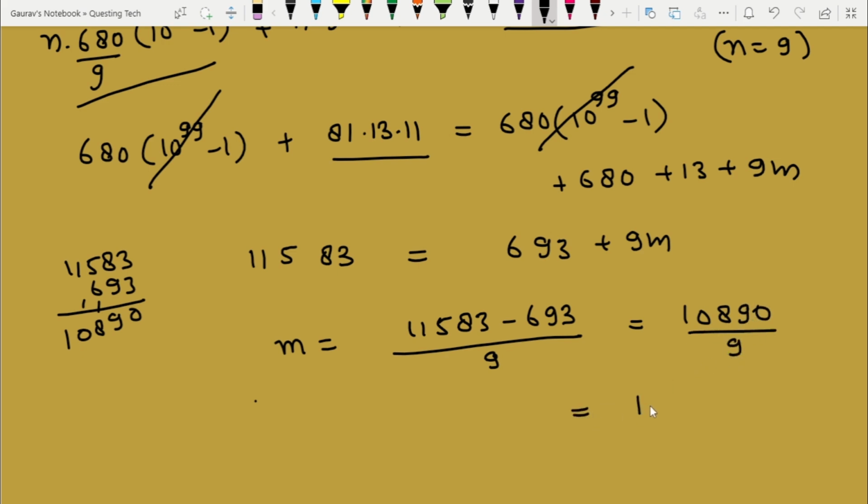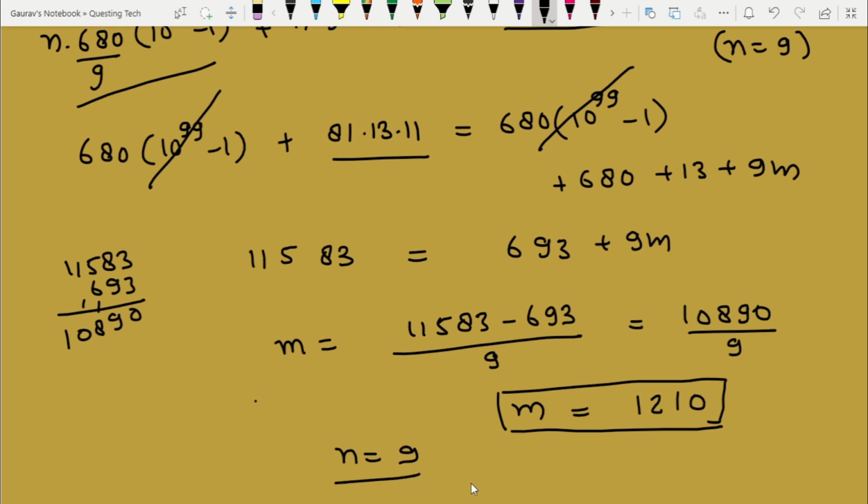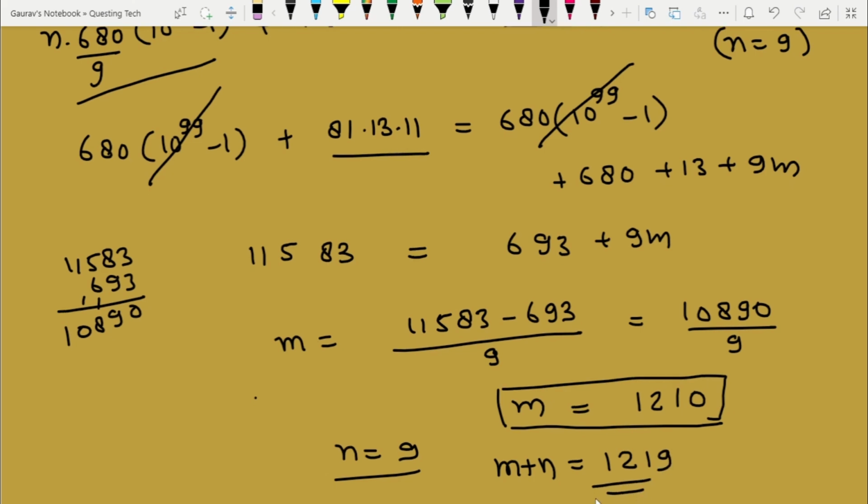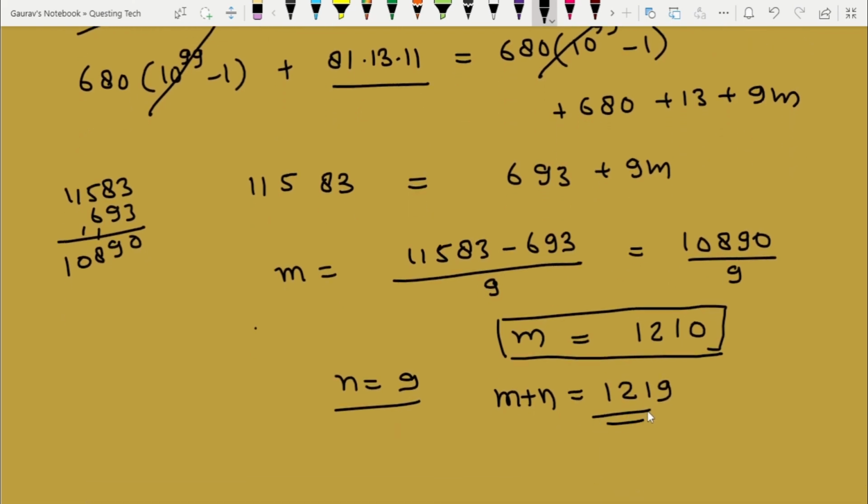This number is going to be 1210. So the value of m is 1210 and the value of n is 9. So can we say that m plus n equals 1219? This is the answer of this question.